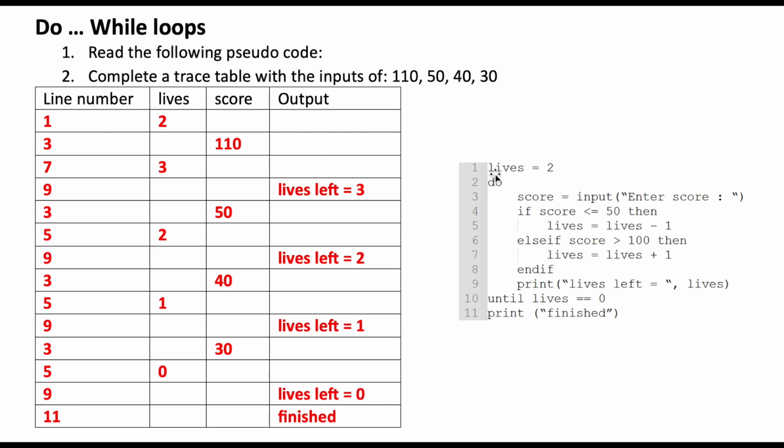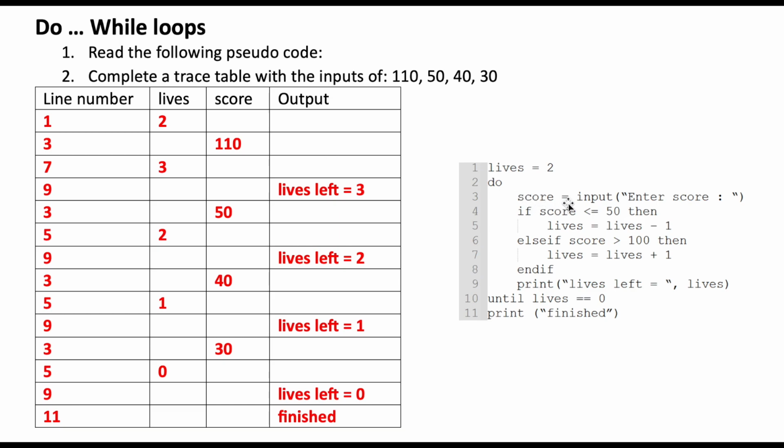Line 1 assigns the value of 2 to the variable lives. So you can see here line 1 and the data 2 within the variable lives. There's no change of data or output on line 2, so we don't write it on the table.